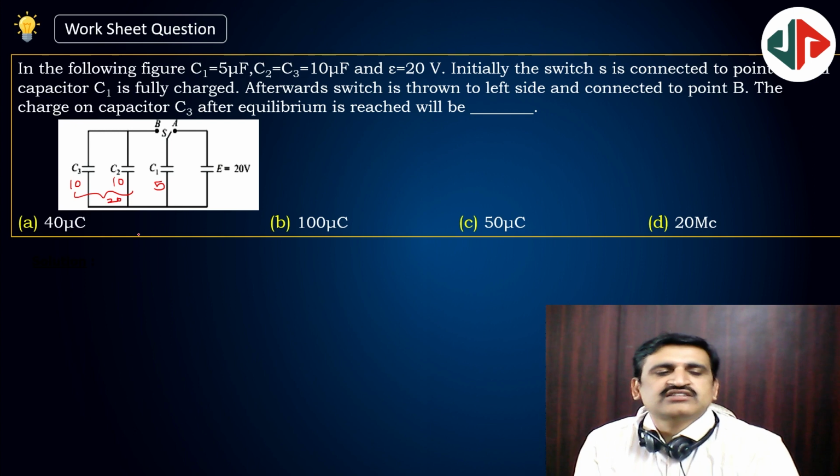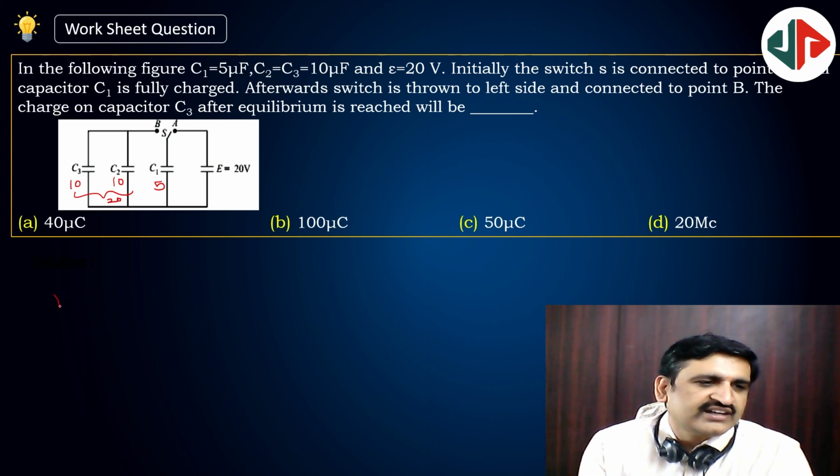Now directly I will go to common potential, because we did it in the previous question. Common potential is equal to C1 V1 plus C2 V2 by C1 plus C2, the general formula.